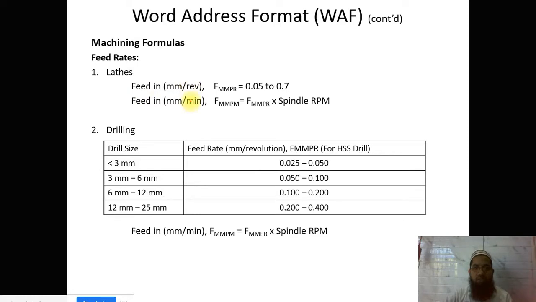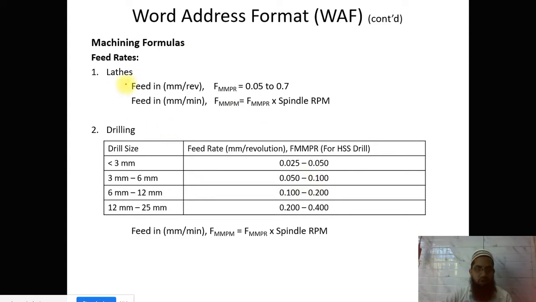Feed in per revolution. Okay, feed in per minute. We require feed in per minute, but sometimes in the examination they give feed in per revolution, so you have to convert it. How to convert? You multiply the per revolution feed by the spindle RPM. For the lathe and for drilling it is given.